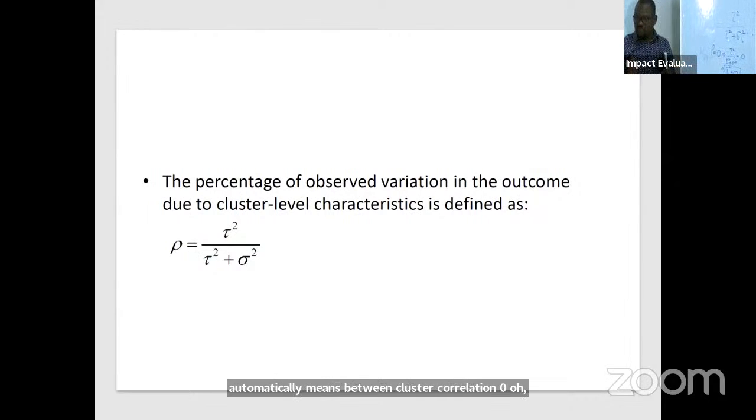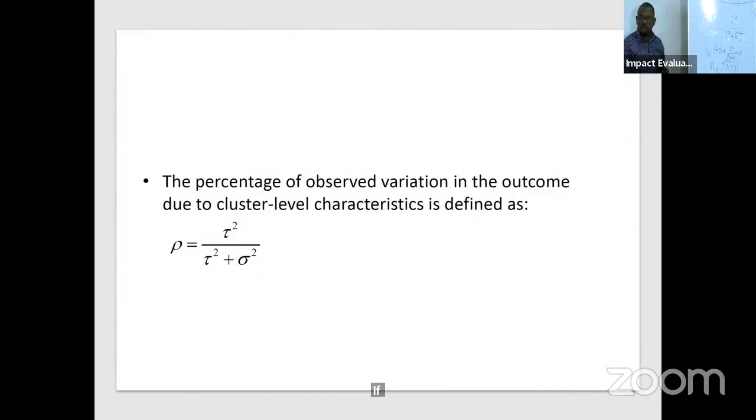Okay. Now, when I'm talking of extreme values, because rho ranges between 0 and 1, what happens if rho equals 1?